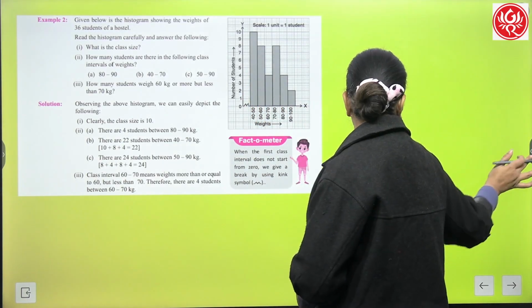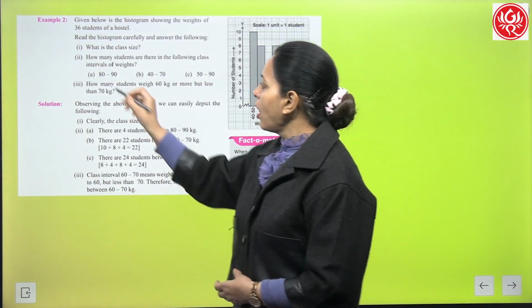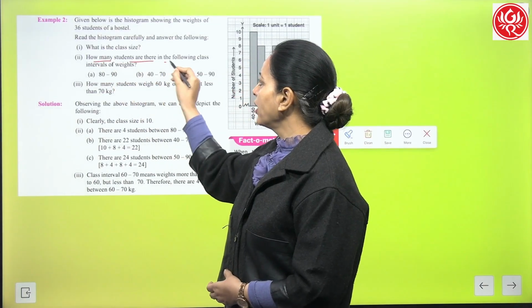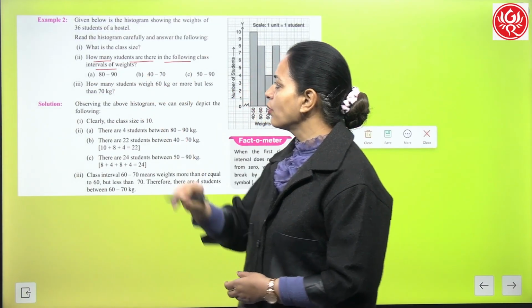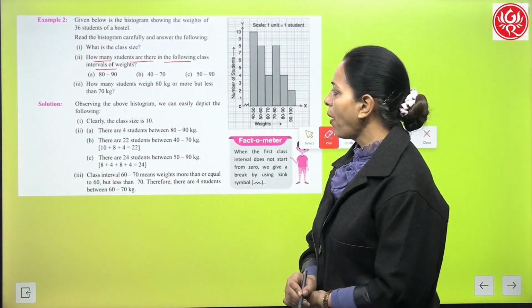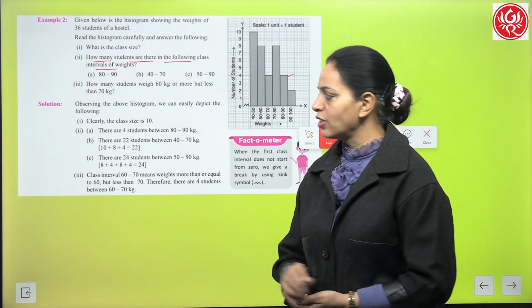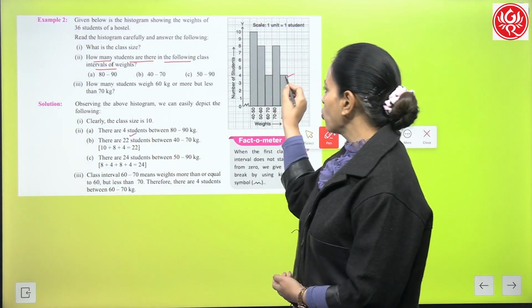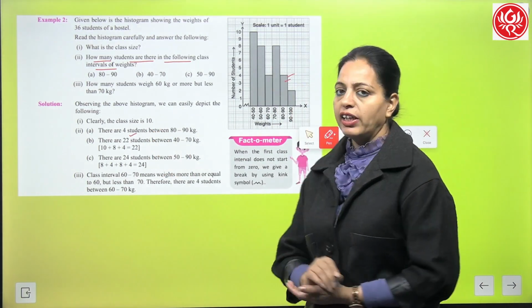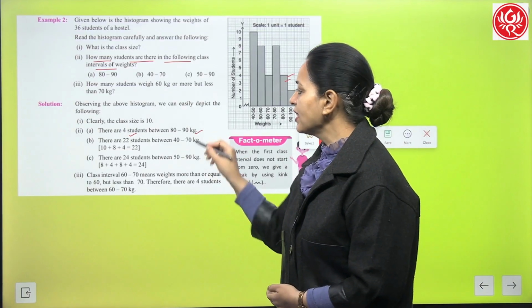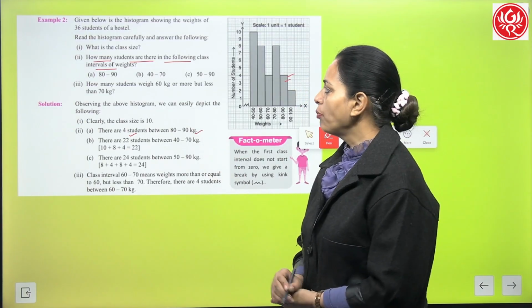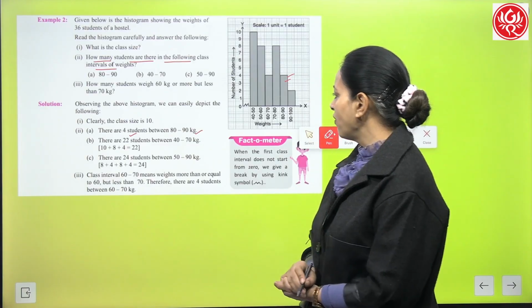So the next question is, see the next one, how many students are there in the following class intervals of weights? A part, 80 to 90. How many students? So there are 4 students in this interval. Now B part, 40 to 70.